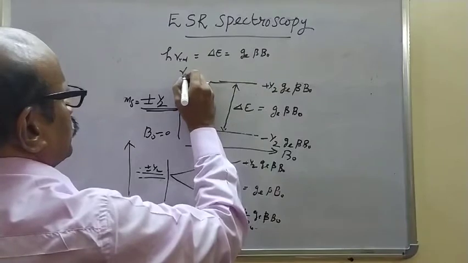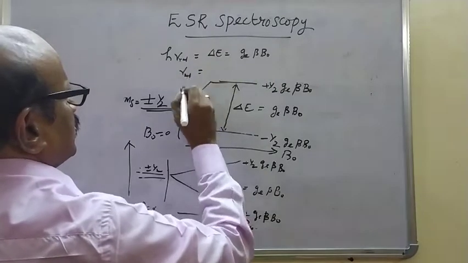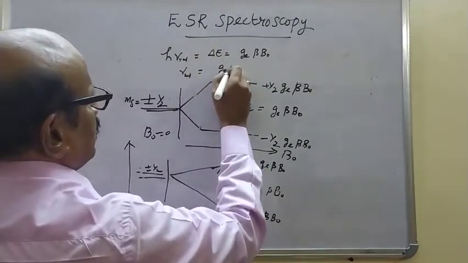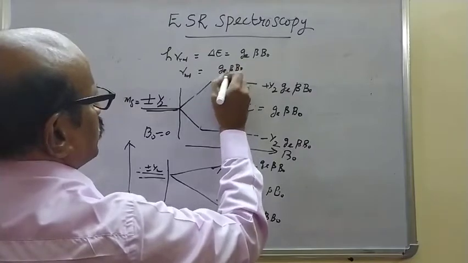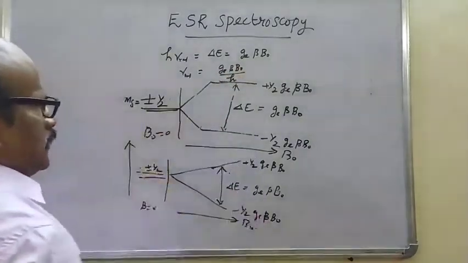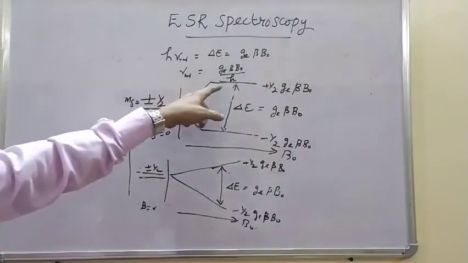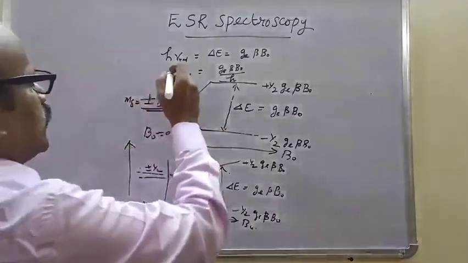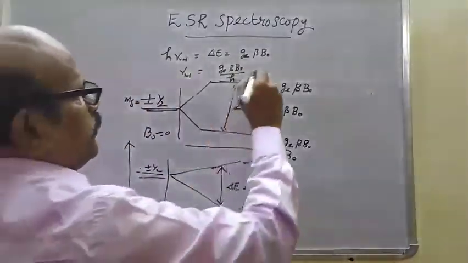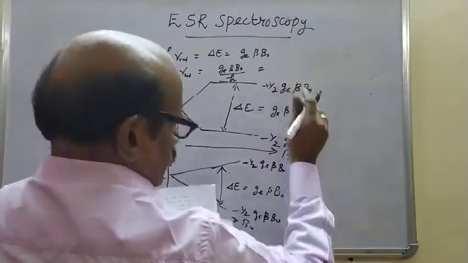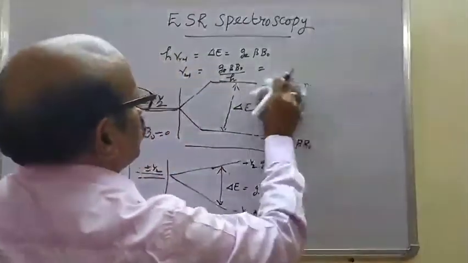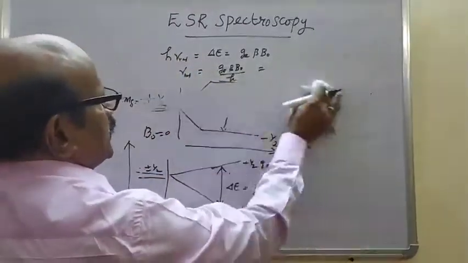Therefore, nu of the radiation is equal to g_e beta B0 by h. Now, by calculation, we find the frequency of the radiation by substituting the values.